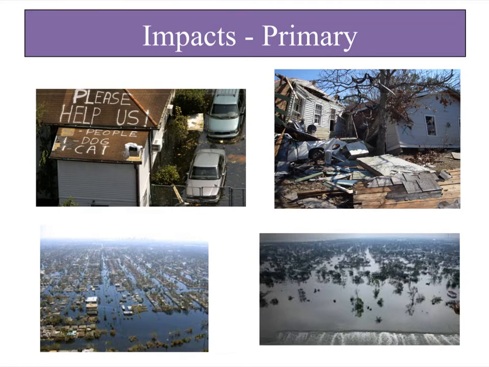Other impacts included that people were stranded in their homes and were unable to leave. 1,800 people were killed because of the hurricane, and those survivors did have to swim for their lives, other than being stranded on their houses. Large amounts of infrastructure around the city were also severely damaged or destroyed, such as roads, houses, and bridges.